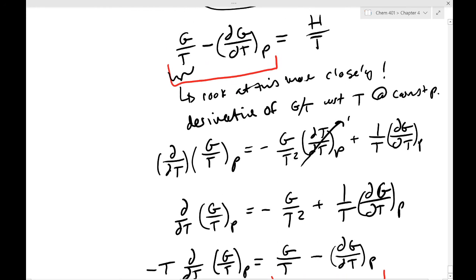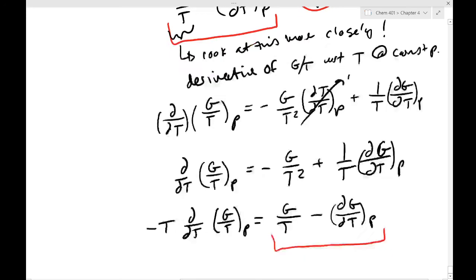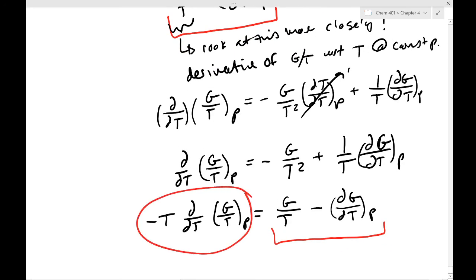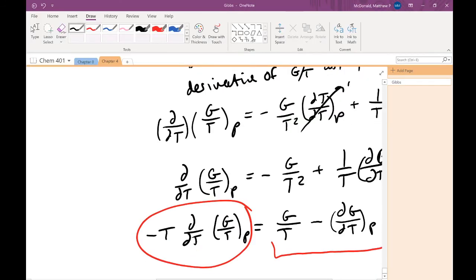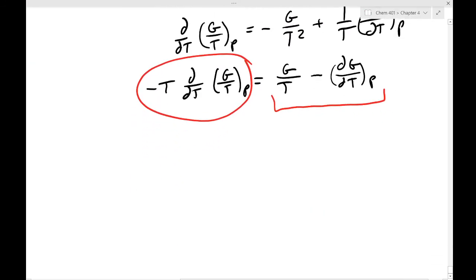So now I can set this side equal to this side. So now we have negative T times the partial with respect to T of the function G over T at constant P is equal to H over T.